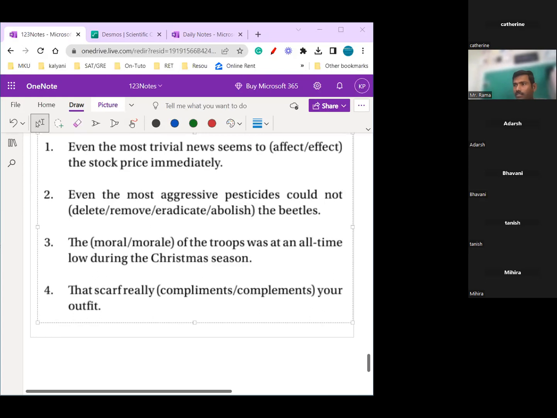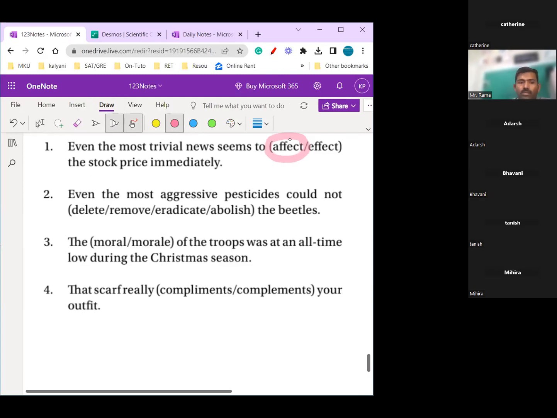Good, very good, I see 2 different ones. So in this one, effect is the right answer.